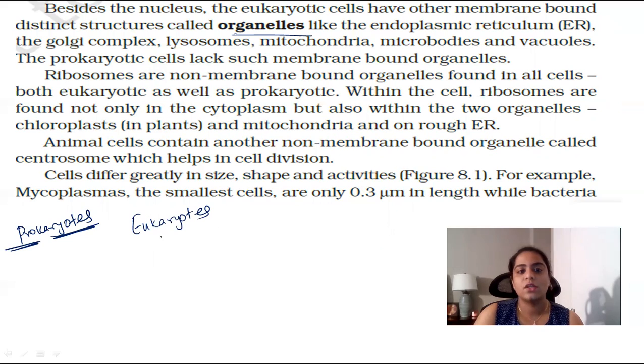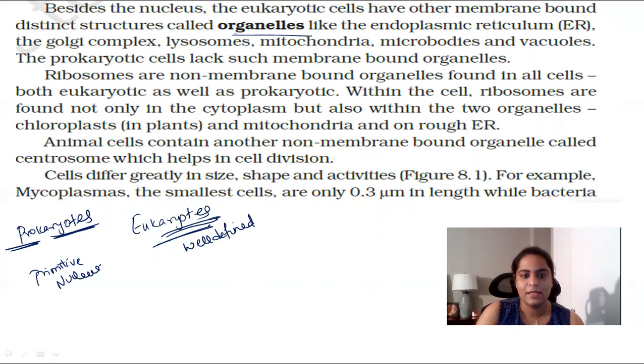And eukaryotes are the organisms which have a well-developed nucleus, okay? So eukaryotes have organelles. Prokaryotes have a primitive nucleus, and here a well-defined nucleus can be seen, okay?